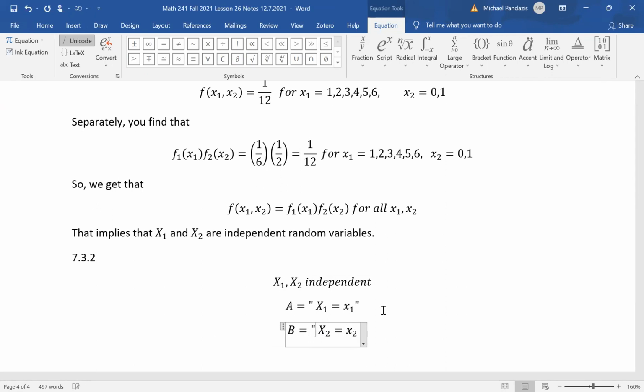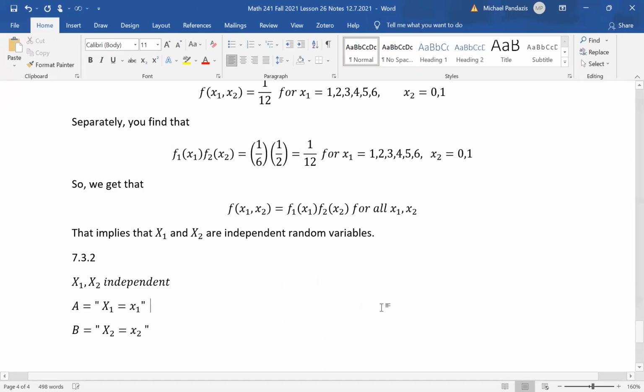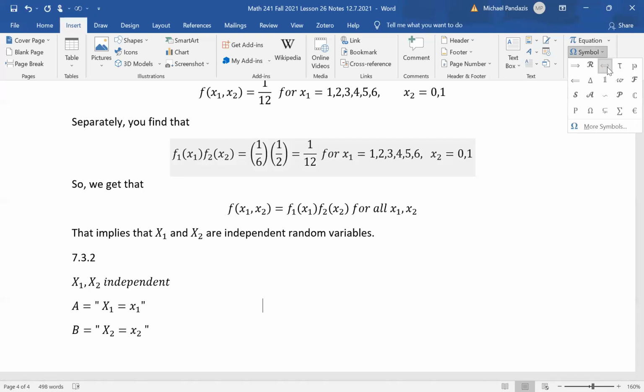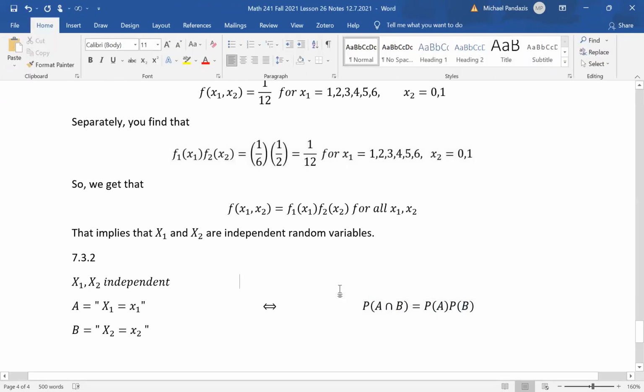So these are events A and B. Then those things are equivalent to the probability of A intersect B being equal to P of A times P of B. Okay, so these two are equivalent.